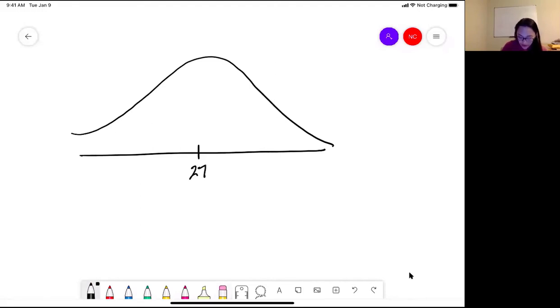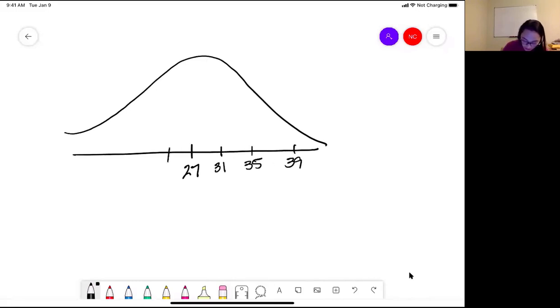We had 27 as our mean, and then we went upwards by 4: 31, 35, 39, and then downwards: 23, 19, 15.